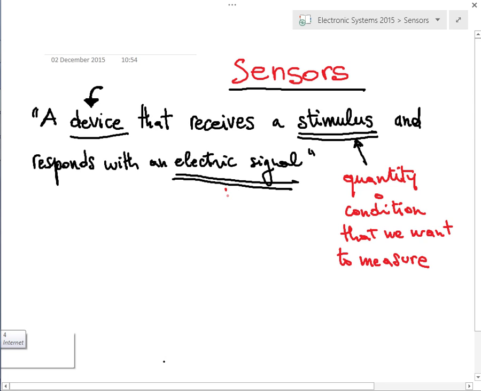And when I say that it responds with an electric signal, I mean that the signal is embodied in a voltage, or in a current, or in a charge. These are the essential electric quantities.